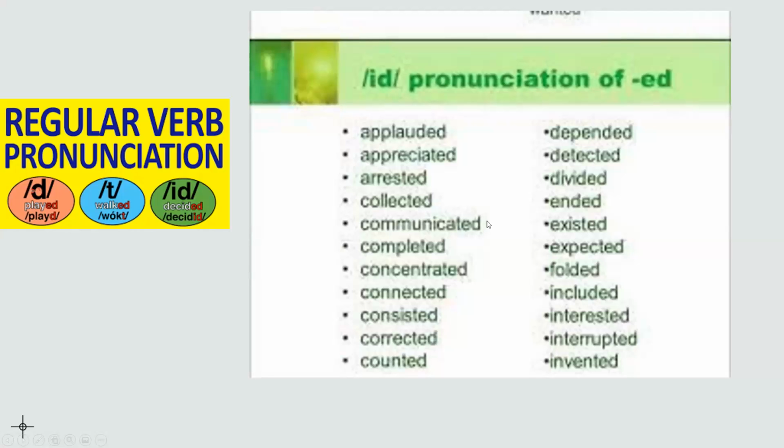Then, as you can see, according to the ending of the verbs, we have the ones that are pronounced like id when they finish in D and T, while the group pronounced like t is because they finish in SH, CH, CE, S, double S, K, M, P, MP.